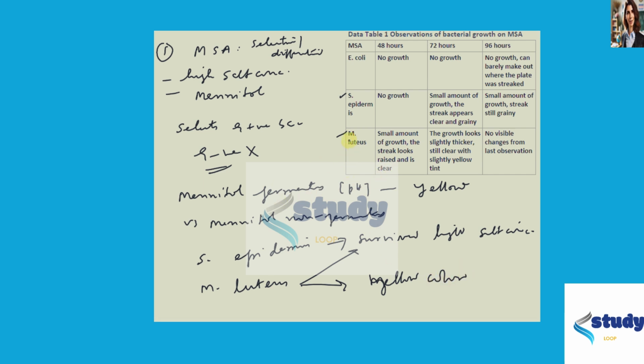That means M. luteus ferments the mannitol.